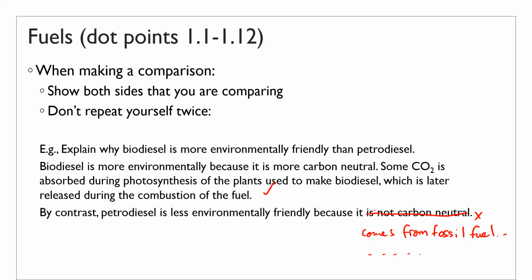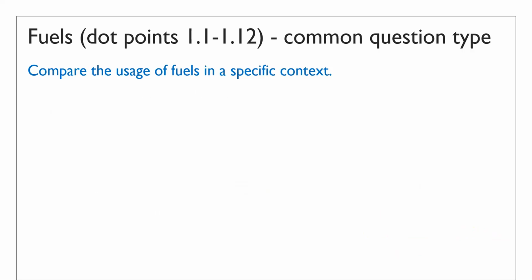Anyway, that's what I mean by not repeating yourself twice. It's not the most serious of issues compared to not being specific, or saying intermolecular forces and not telling me what the bond is. So in some cases you can get the mark for it, but I again would advise against doing it, and hopefully you can be a bit more specific in your answer.